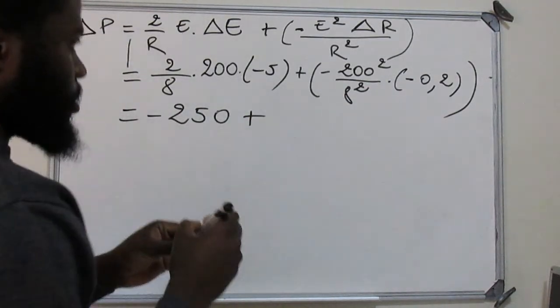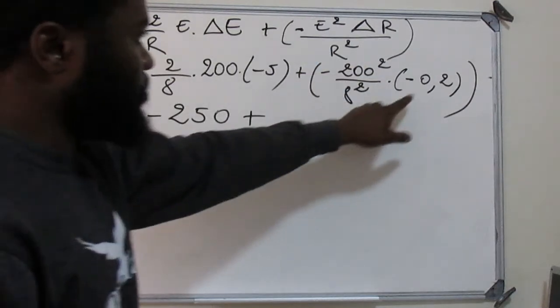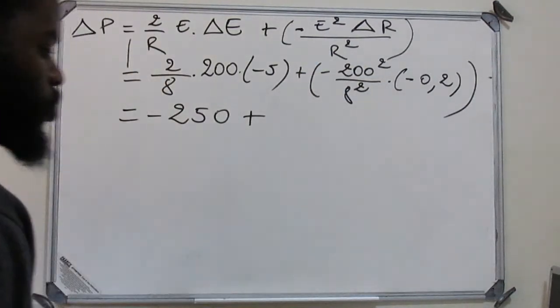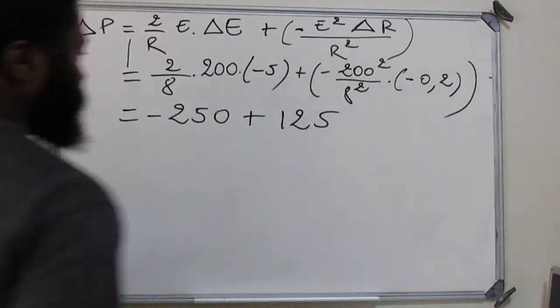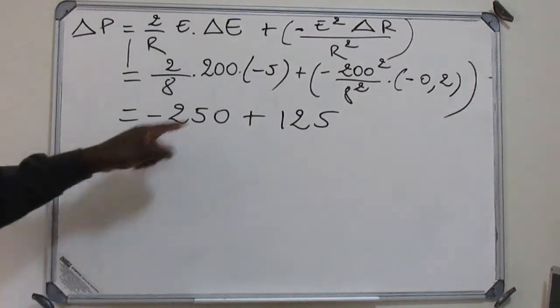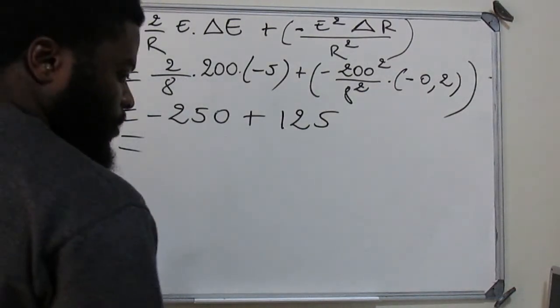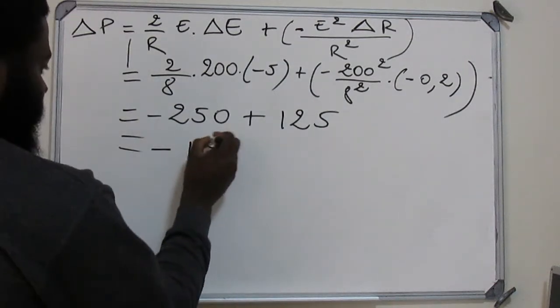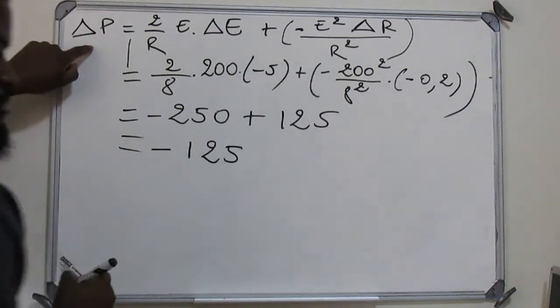Then 200 squared over 8 squared multiplied by 0.2, you're going to have 125. So finally negative 250 plus 125 is going to be negative 125. This is the rate of change in P.